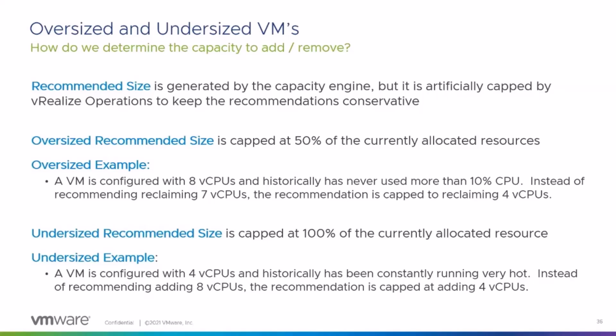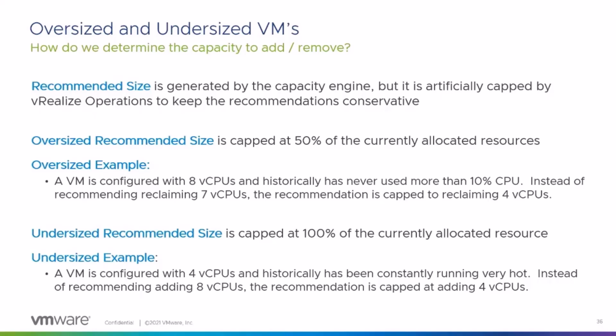A couple things you need to know about the recommended size. The system does apply some artificial caps on the recommendation. If a virtual machine is oversized, the recommendation will be capped at 50% of what's currently allocated to the virtual machine.